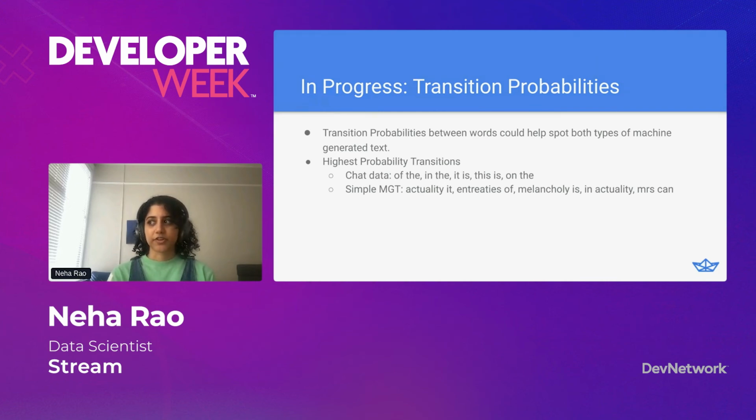You could see some very strange combinations of words. And you can see that in the more complex machine-generated text examples as well. But actually my theory is that, especially if you're using sampling techniques like top K, you're going to see very common transitions have higher probability than they do in the human-generated text.